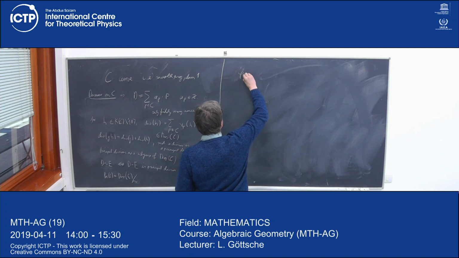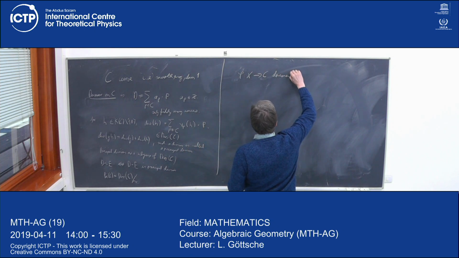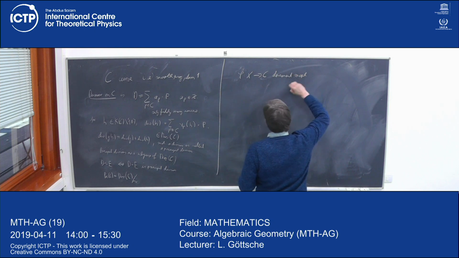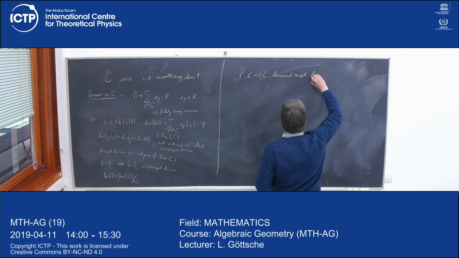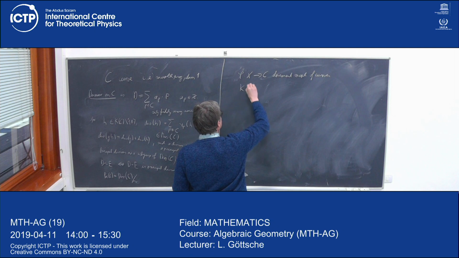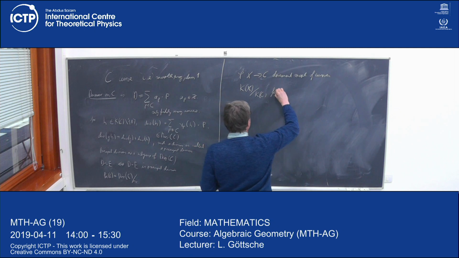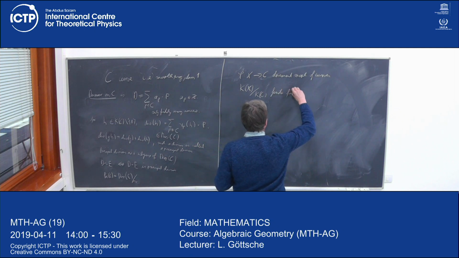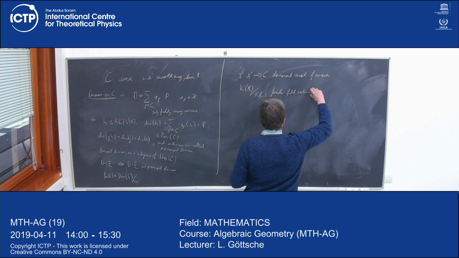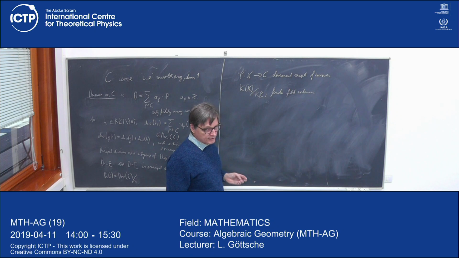So if phi from X to C is a dominant morphism of curves (actually if it's not dominant, the degree will be 0, but anyway), then we have seen that K(X) over K(C) is a finite field extension, because both are finitely generated field extensions of K, and both have transcendence degree 1.